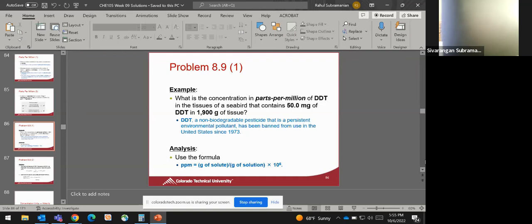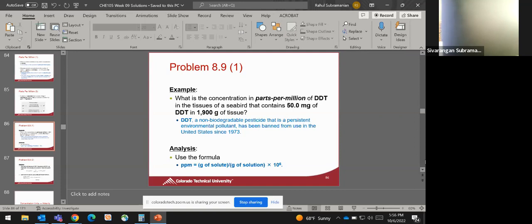How they discovered this is that they used sample sets in which they were able to look at the tissues of a seabird. Some of these numbers were 50 milligrams of DDT in 1,900 grams of tissue. Keep in mind that you have to have the same units. So 50 milligrams of DDT is there per 1900 grams of tissue. You can either convert the milligrams into grams: 50 divided by 1000 is 0.05, and the denominator is already in grams.